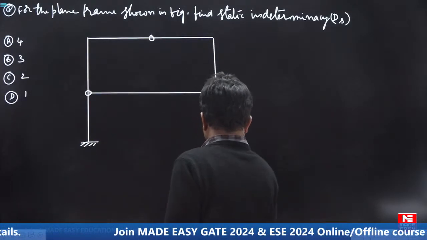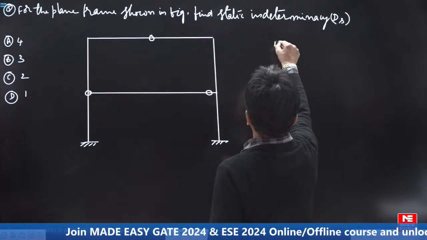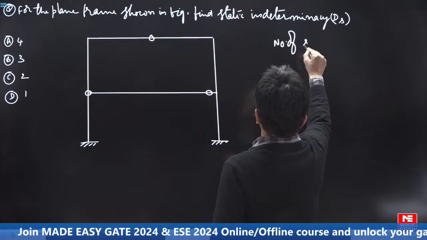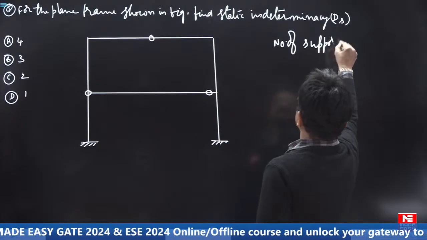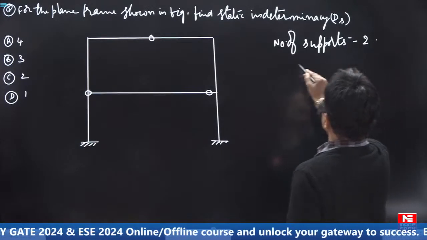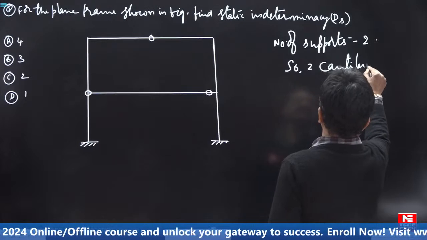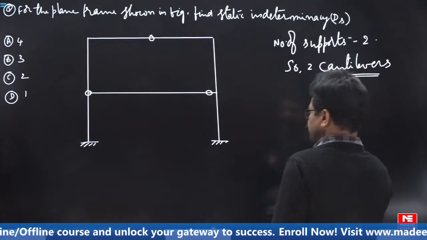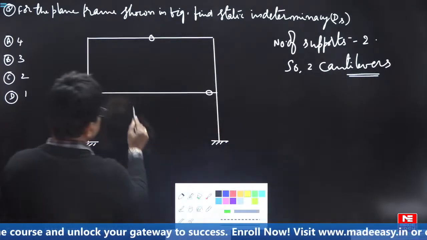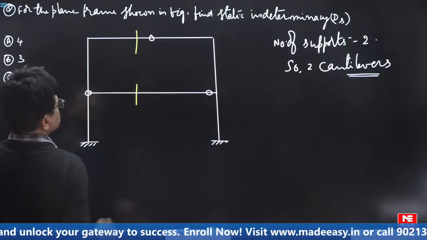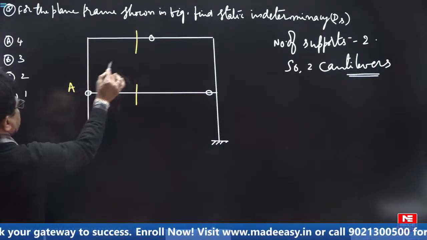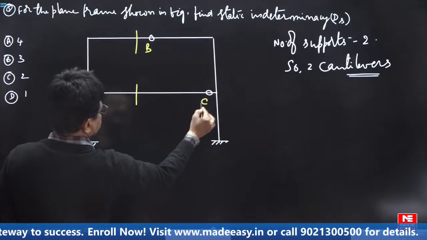Now number of supports. Number of supports are 2, so we have to get 2 cantilevers. So to get 2 cantilevers, how many cuts are required? 2 cuts. This point let us say A, B, C.